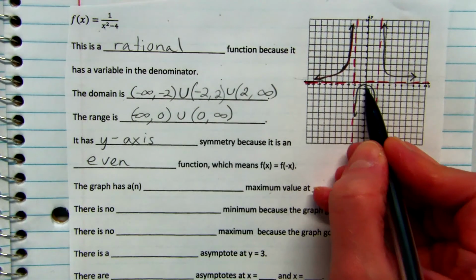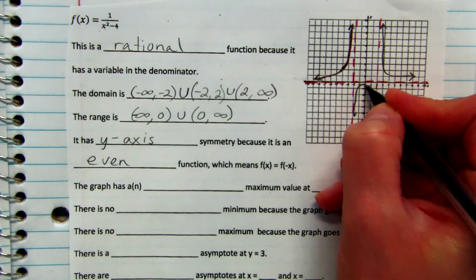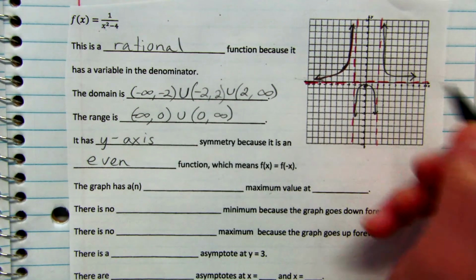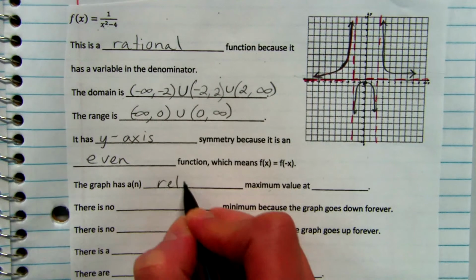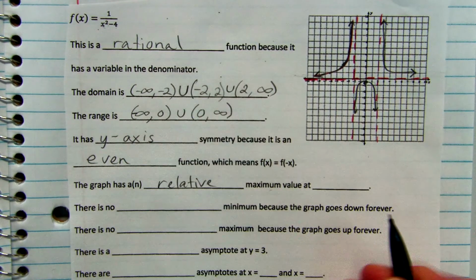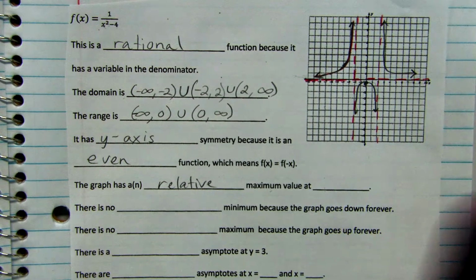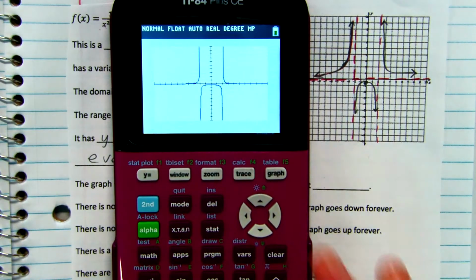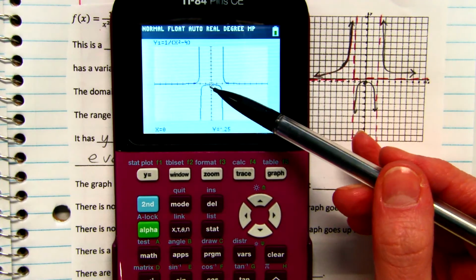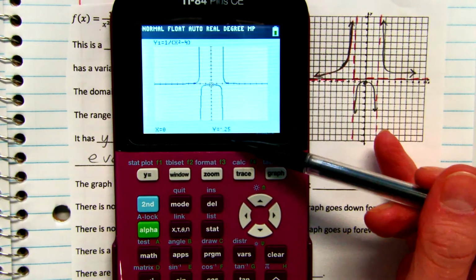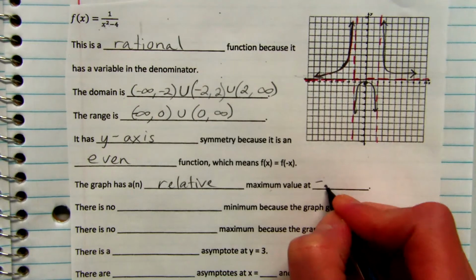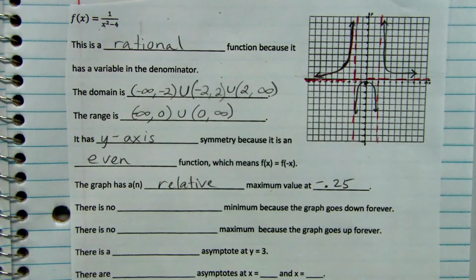So there's a little point right here that we could call a maximum. It would be a relative maximum, and it's not 0. So let's explore that on our calculators and try to figure out what that is. So if we hit trace, it usually starts right on the y-axis, so it's 0, -0.25, so -0.25 or -1/4, either way.